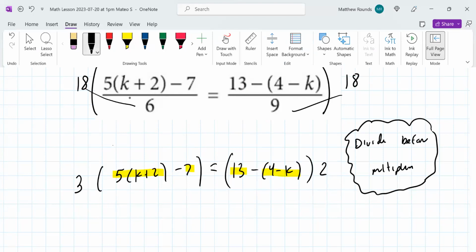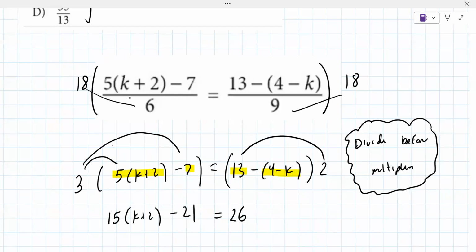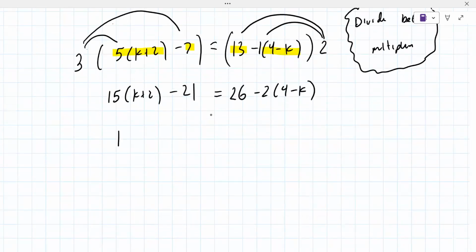It's a little awkward. So 3 times the 15 and then 3 times the 7. So it's 15 times k plus 2 minus 21 equals 2 times the 13. That's 26. And then this 2, there's really a 1 in front, so it goes with that. So it's minus 2 times 4 minus k. So we get 15k plus 30 minus 21 equals 26.